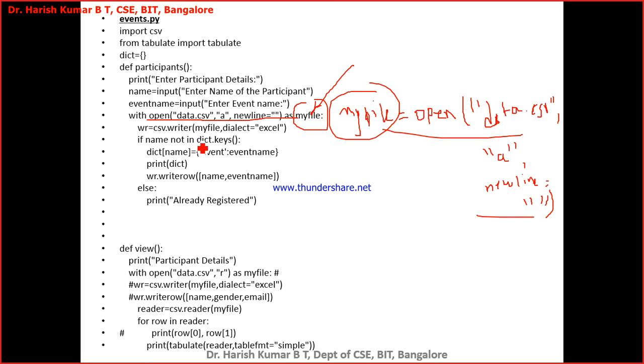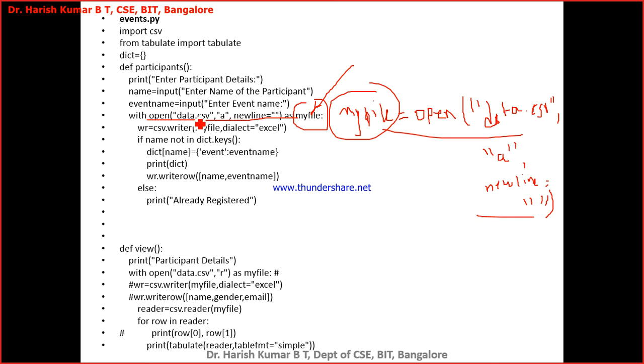Using this module CSV, I'm invoking the writer, csv.writer, and then my file. The dialect you have to specify. Dialect is nothing but the format: Excel. In a CSV file, comma separated values can even be written in an ordinary text file.